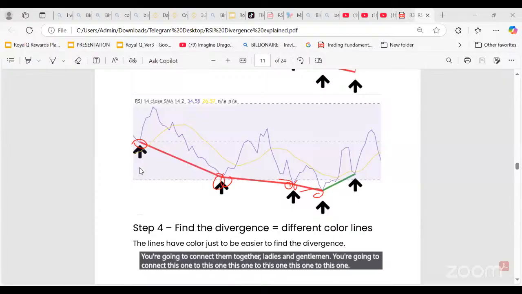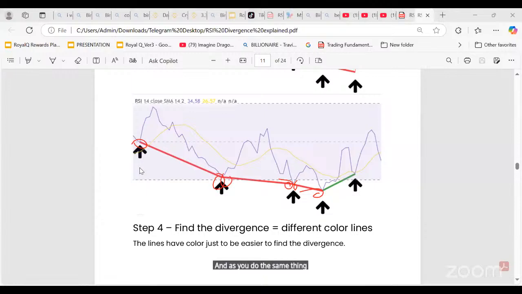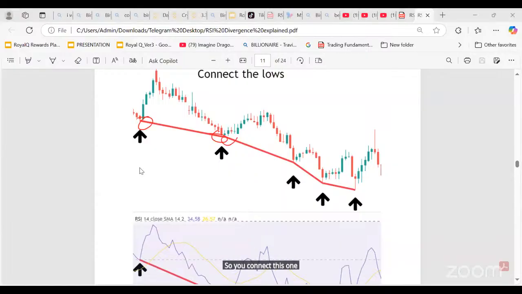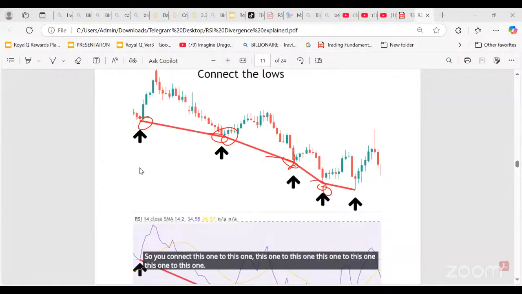And as you do the same thing on the chart, so also on the other side. Where you see a difference, you can even change the color. The change of color is just to help you.